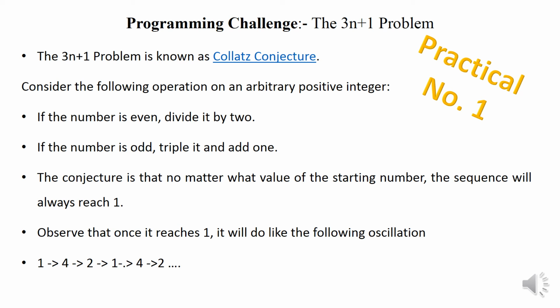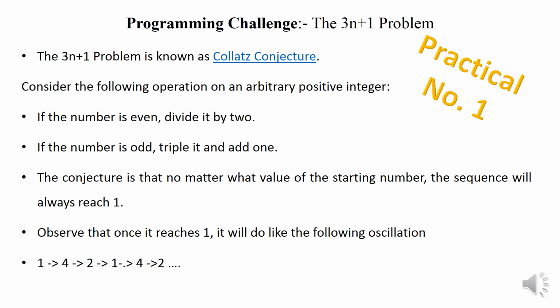If you take n is equal to 12 from the user, then that 12 is an even number. And what we have to do here, if the number is even, we divide that number by 2.